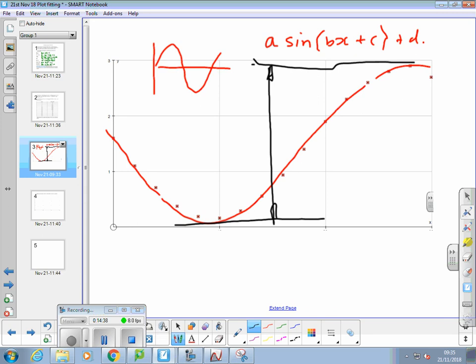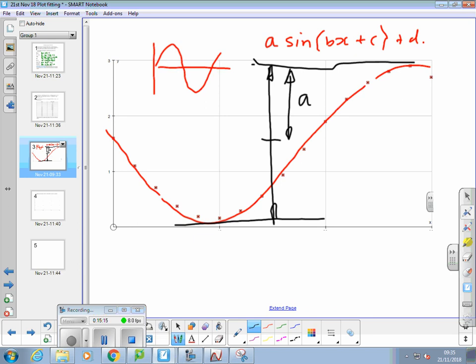Are you sure? Nope. You can get it from peak to peak, but the amplitude is half of that. Yeah, that's what you should have found from experimentation.